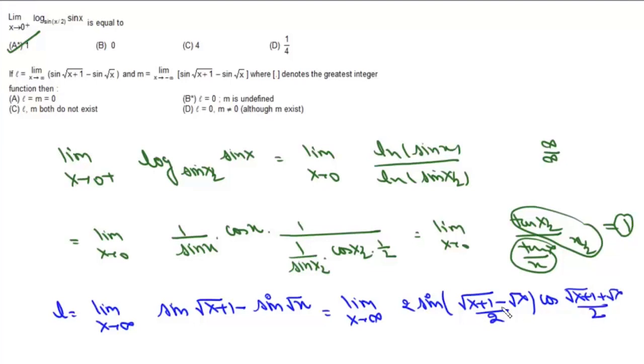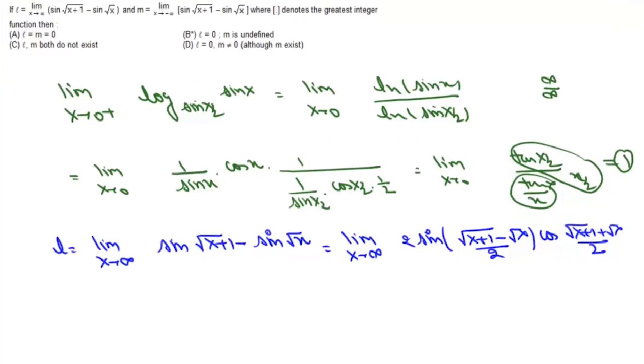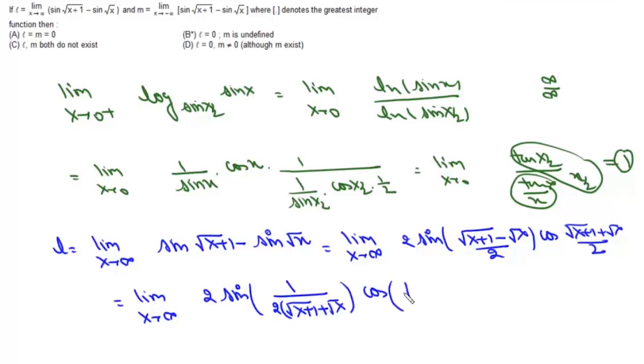Now we'll rationalize this. If we rationalize this, we can write it as limit x tends to infinity, and will be 2 sin, and here will be 1 upon 2 under root of x plus 1 plus under root x, and here will be this cos under root x plus 1 plus under root x by 2.